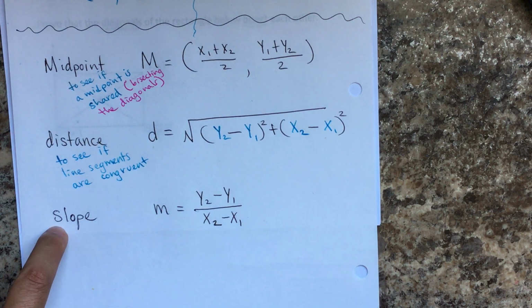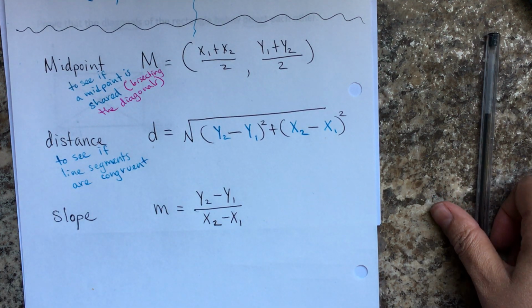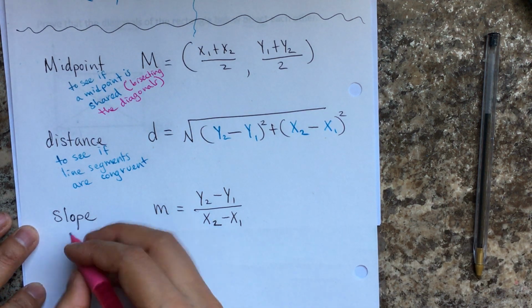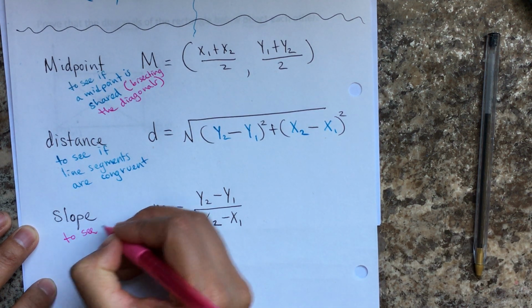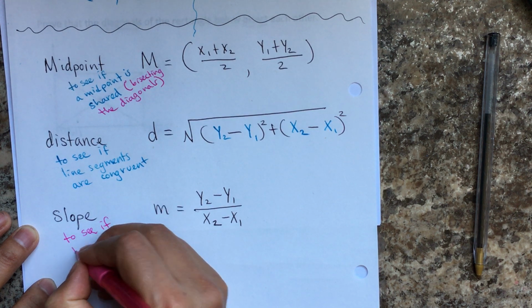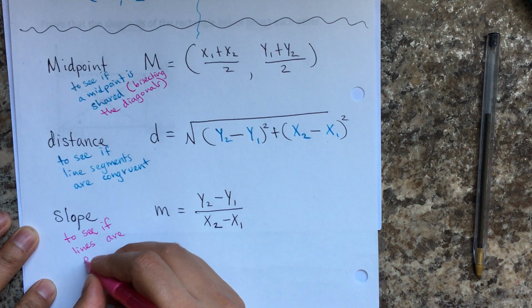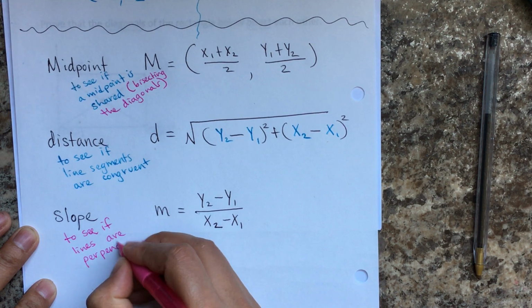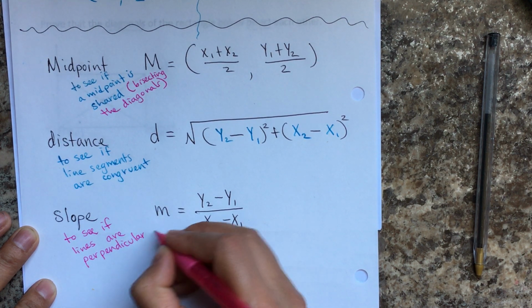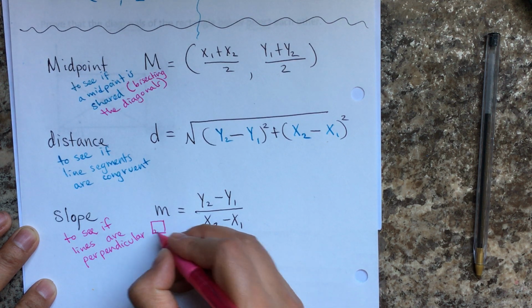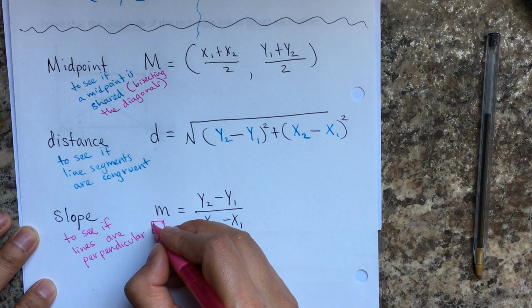And the slope helped us to see if lines are perpendicular, like in squares where you have right angles, right?